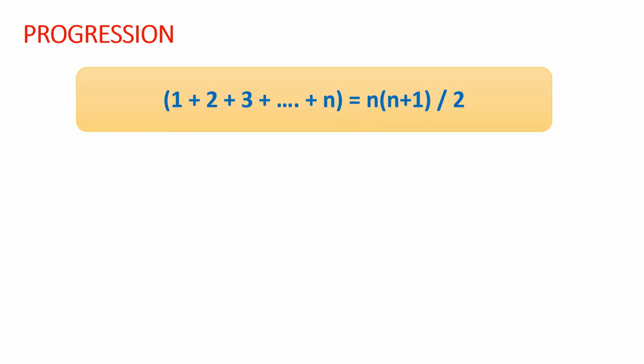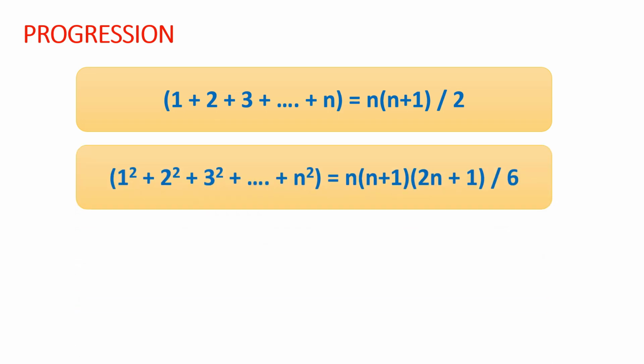And for AP, we have some more formulas to remember. For the sequence 1 plus 2 plus 3 up to n, we get n into n plus 1 by 2. Based on the value of n, you have to substitute into this equation and find the answer.